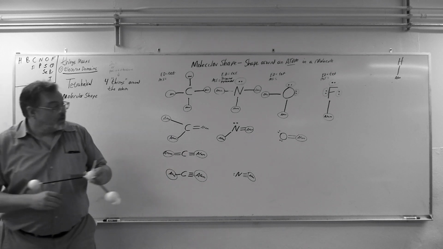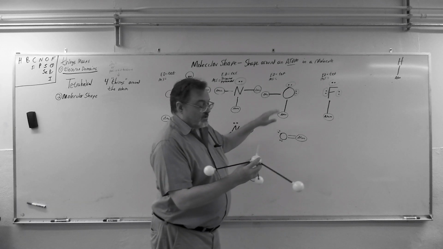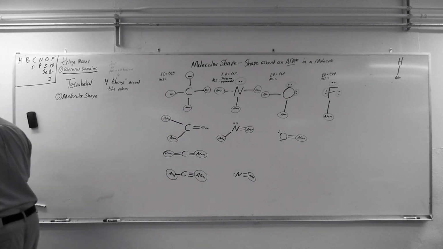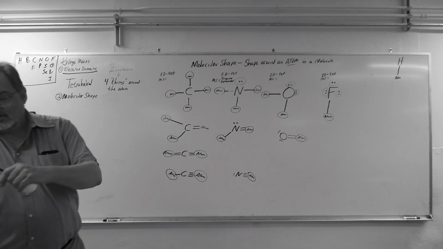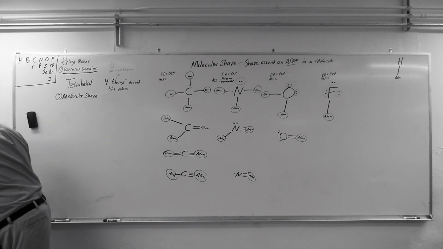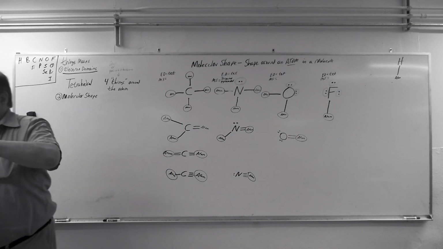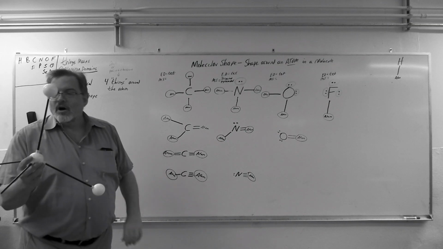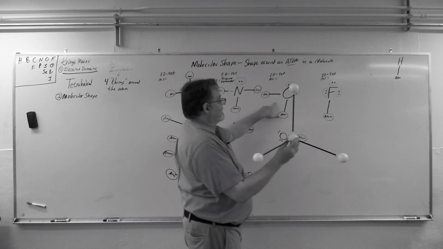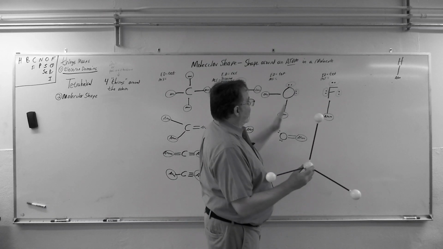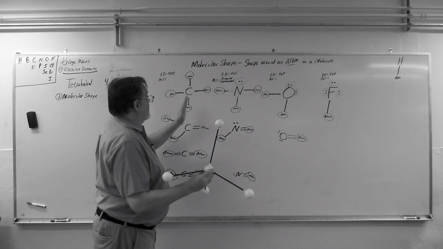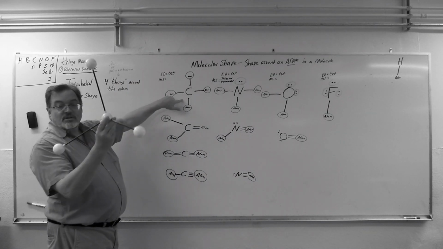If I go on over to oxygen, if you consider the atoms and the electrons, that is the electron domains, all equivalent, it's still tetrahedral. We do draw this on a flat board, orthogonal like this, but truthfully, it's this shape.